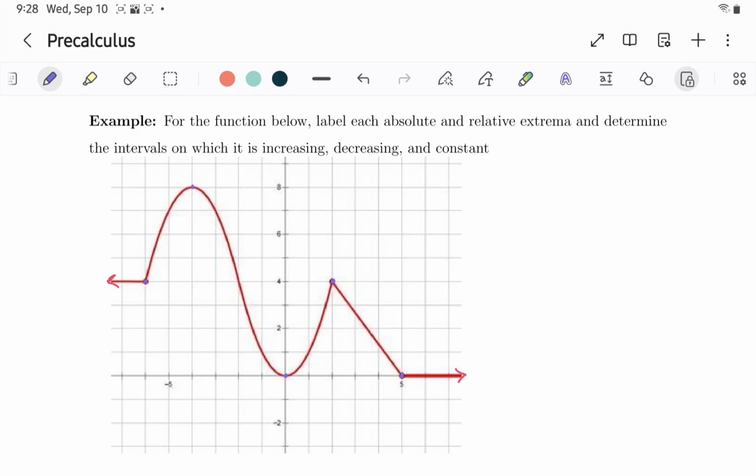So let's go ahead and label these points. Over here we have -4, 8.